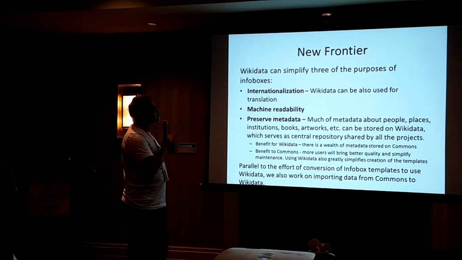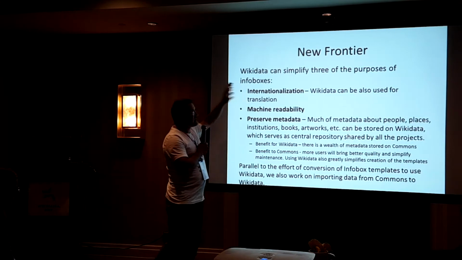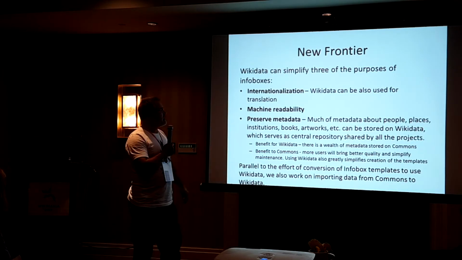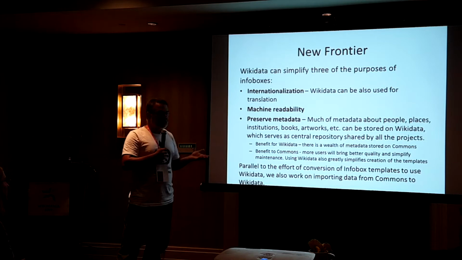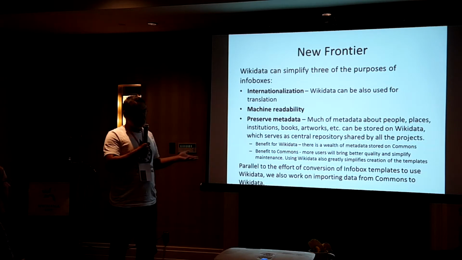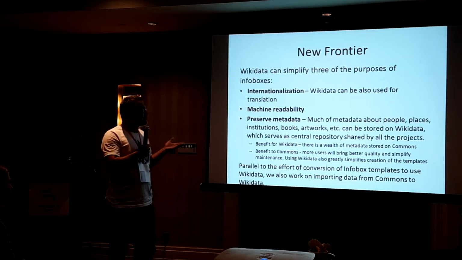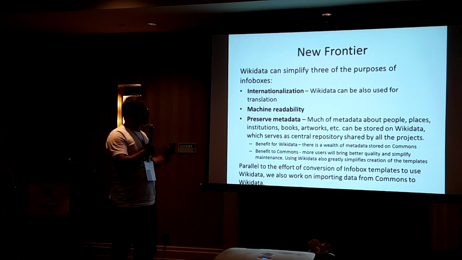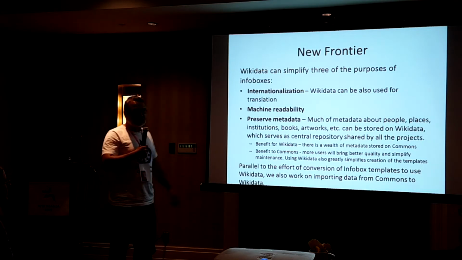So Wikidata can simplify three of the purposes of the Infoboxes. It helps with internationalization. If I have the name of a city, Paris, and I would like to show it in Russian, we no longer use local translation tables as we did for years. We just fetch the label in Russian for the word Paris from Wikidata.